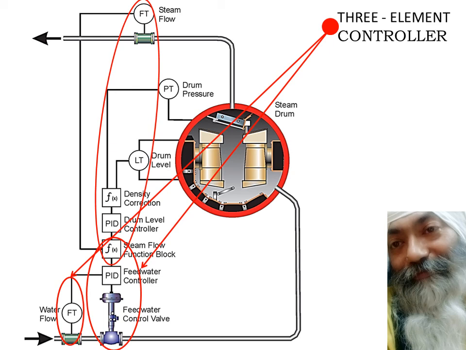So this three element controller is very popular in almost all the industries which I have gone in for. It's making use of this three element controller, which is tuned normally by experience, and even I was able to get hold of it and used to tune it in the food industry I worked in earlier. And this is a really good concept of taming the inverse response in chemical process industries, especially in the case of boilers.